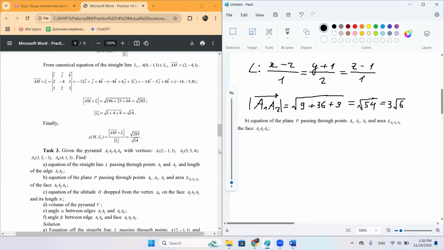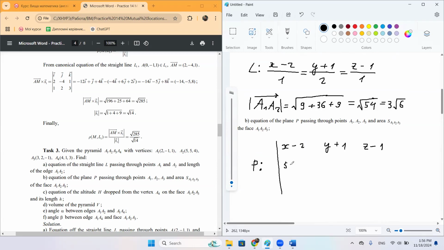Now we need to use the equation of the plane passing through 3 points, and we have the coordinates of them. So the form is the following: x minus 2, y plus 1, z minus 1.